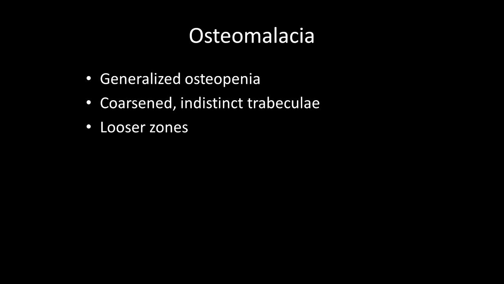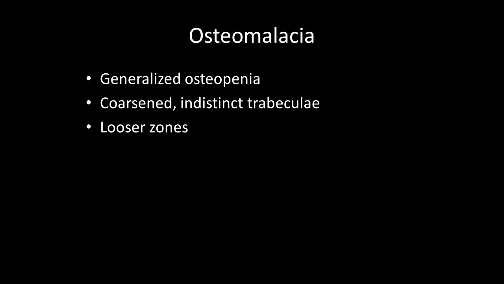So what are the findings of osteomalacia? The most common finding is generalized osteopenia. But unlike the osteopenia that is due to menopause or aging, the classic appearance of this osteopenia is that the trabeculae become indistinct or more fuzzy.